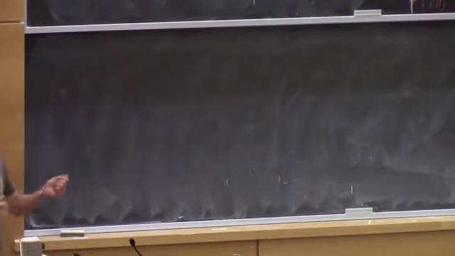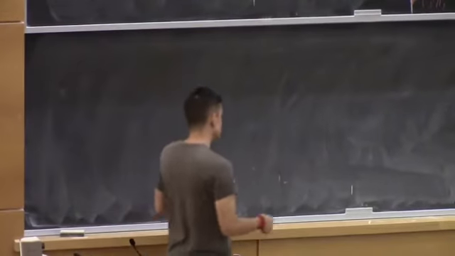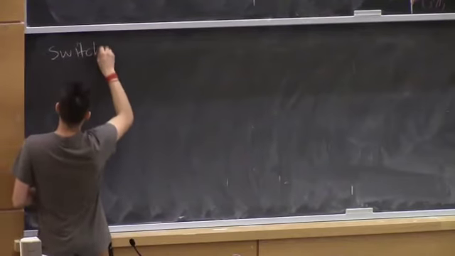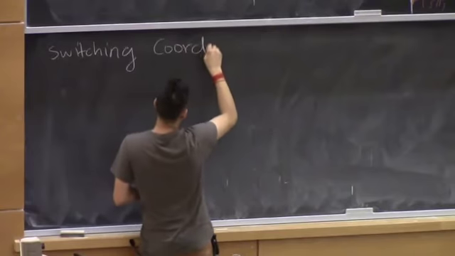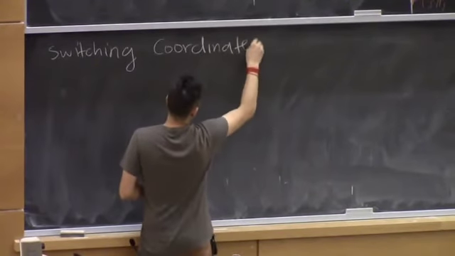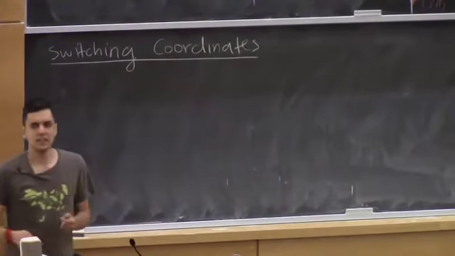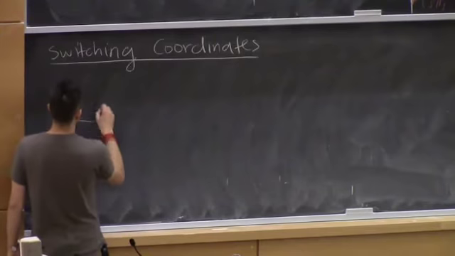Okay, so how do we switch between Euclidean coordinates and polar coordinates? The idea is we draw a triangle and label it with the components we have.